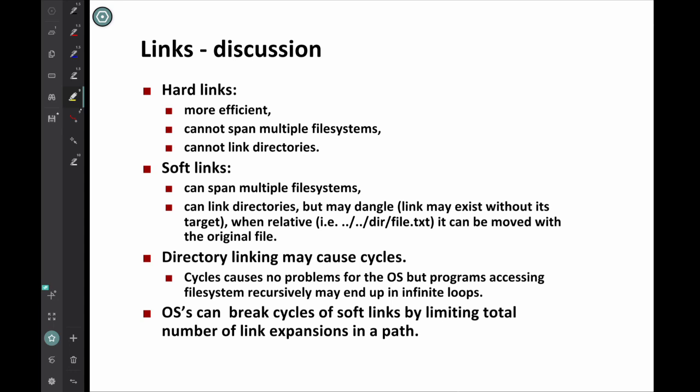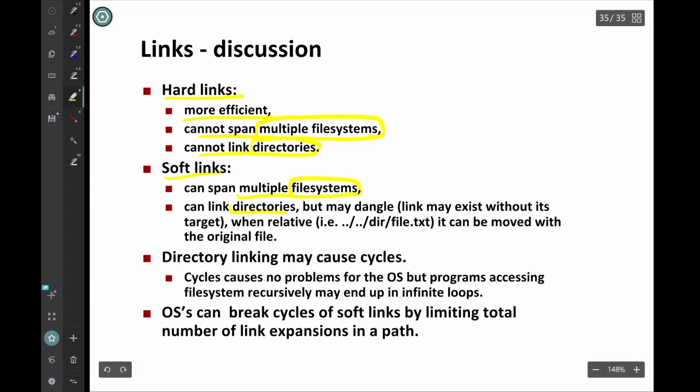So to wrap things up, hard links are more efficient. The downside is they cannot span multiple file systems. You can have hard links within a file system, and you cannot link directories. Soft links can span multiple file systems because you just type in the path for that file.